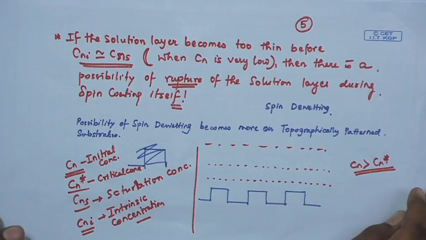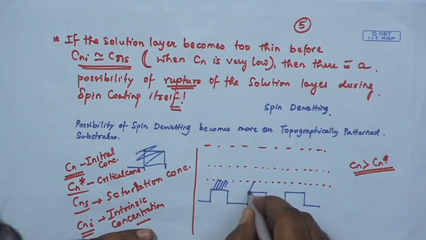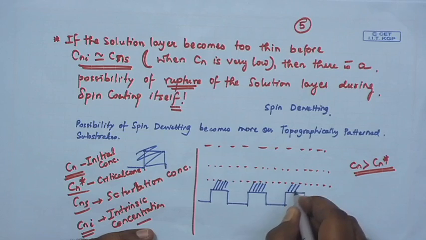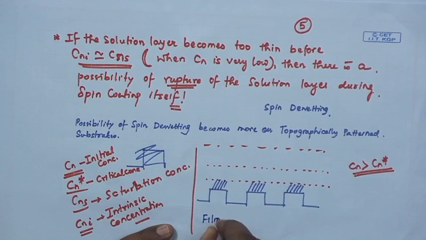Anyway, if the solution layer becomes too thin, which happens when your initial concentration is very low, then of course over a topographically patterned substrate there is a possibility that over these areas the local thickness becomes too small, and the film here is not the polymer film here, I will probably write it down to avoid confusion.